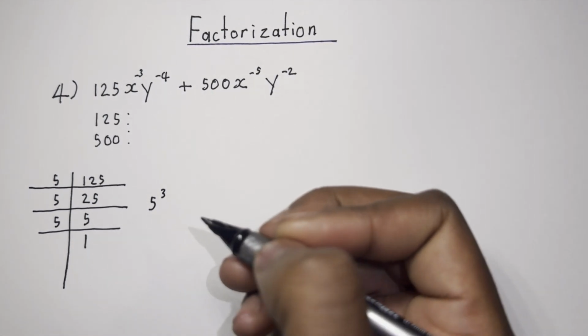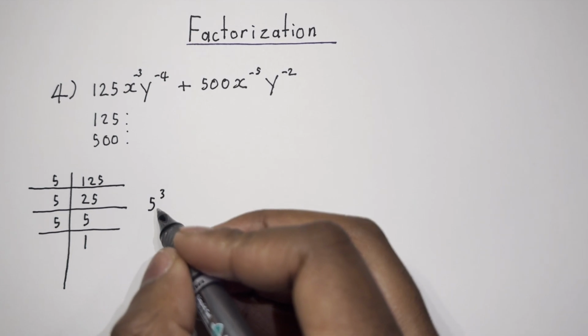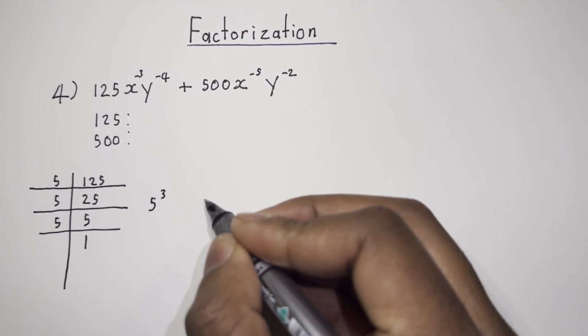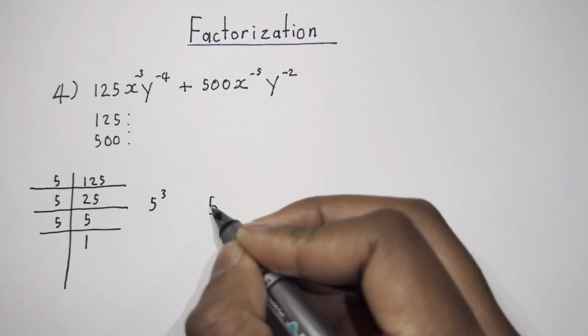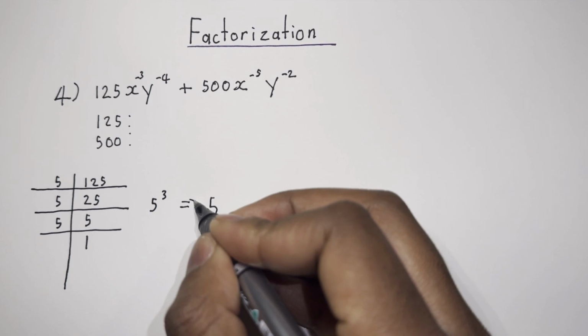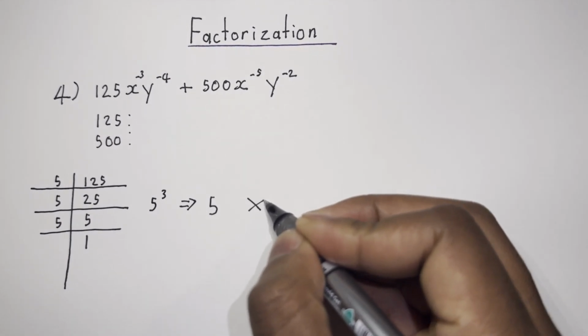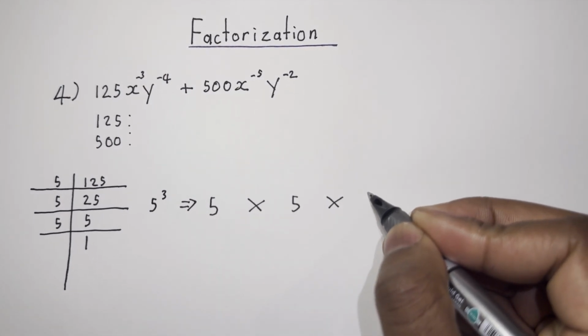And if we put 5 cubed into our calculators, we will get 125. Now, to get our factors, we need to expand this 5 cubed. So this is equivalent to 5 times 5 times 5.